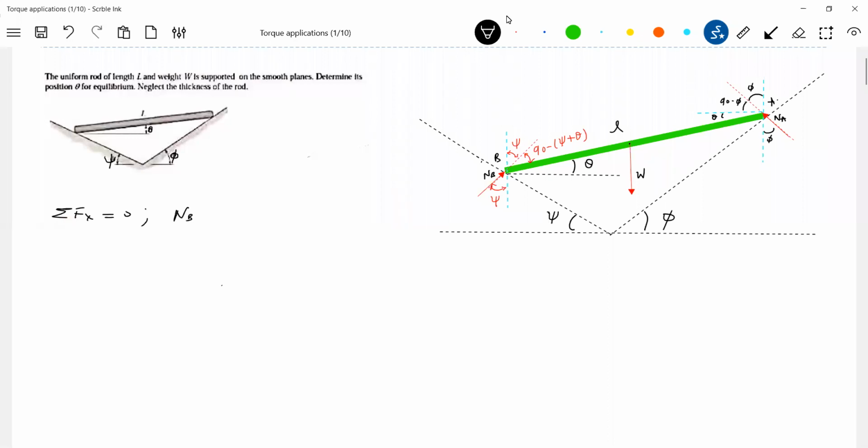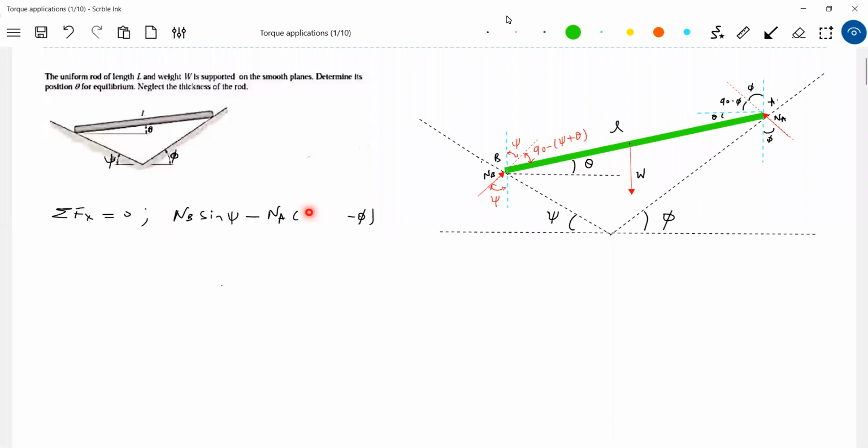So this should be equal to NB sine psi minus NB cos of (90 minus phi). Cos of (90 minus phi) should be sine phi. Here I'm resolving this component.